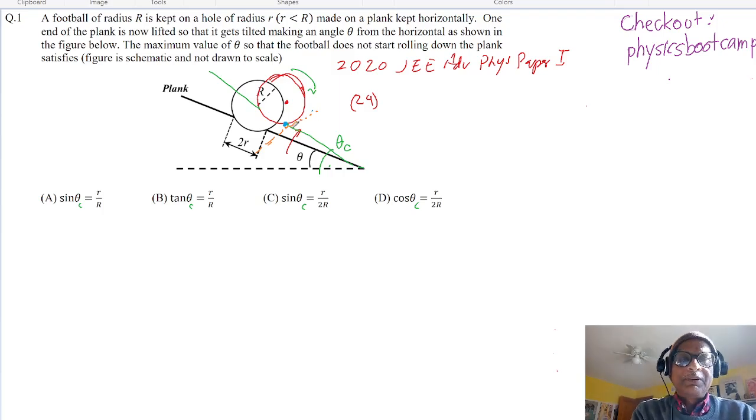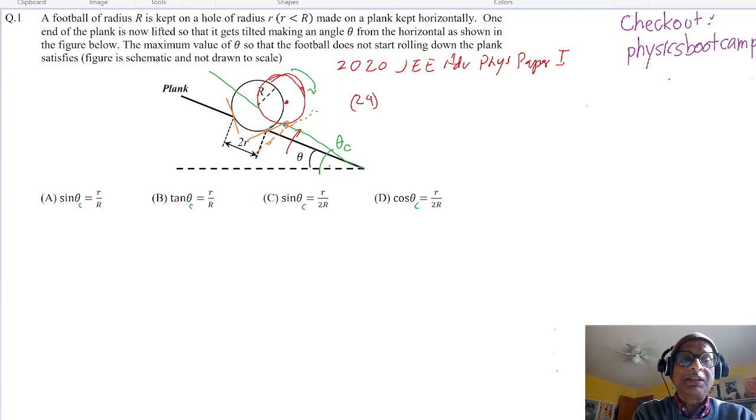So if I look at the forces at any point, especially over here, you can see the normal force. Let's look at this original one. The normal force on the ball will be tangent to this thing.